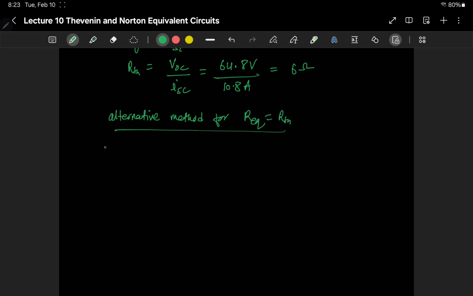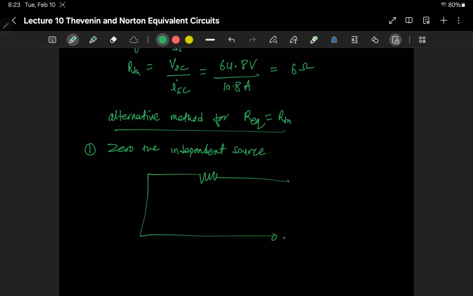Okay, so the first step was to zero the independent source, right? And voltage across a short is 0, so we short the voltage source. We'll then get something like this.